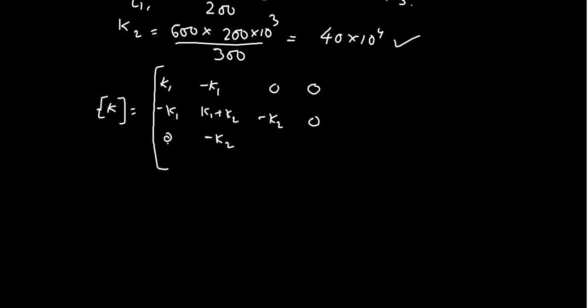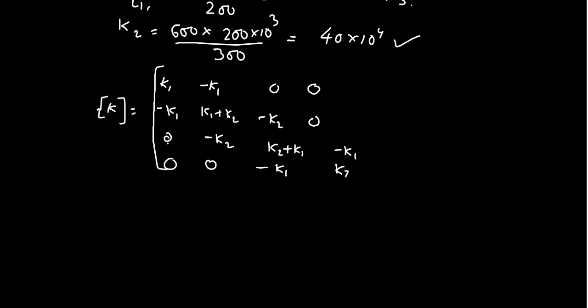Again, as in the first row, 0, 0, minus K3, K3, that is equal to K3. So this becomes the global stiffness matrix.